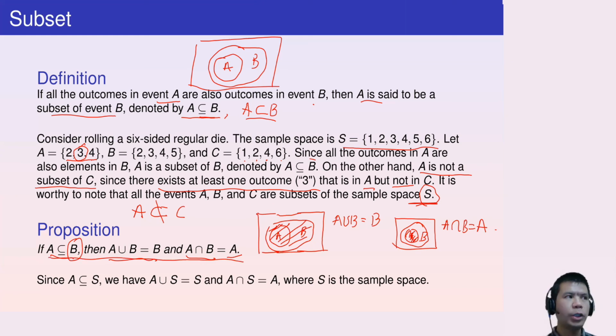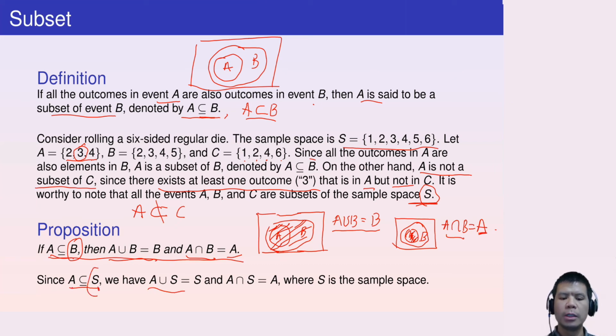All right. So if A is a subset of B, then their union is simply the larger set, which is B. Their intersection is going to be the smaller one, so that is A. For any set, we know that it is a subset of S, the sample space.